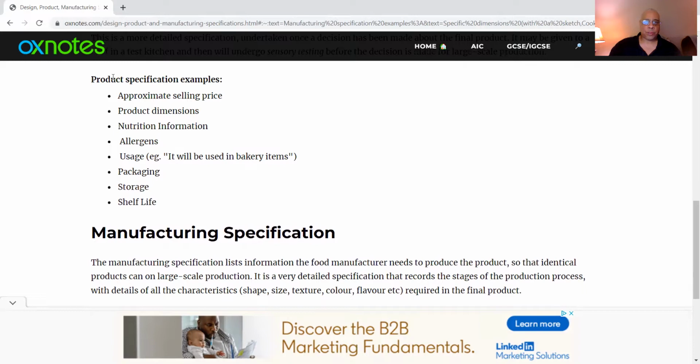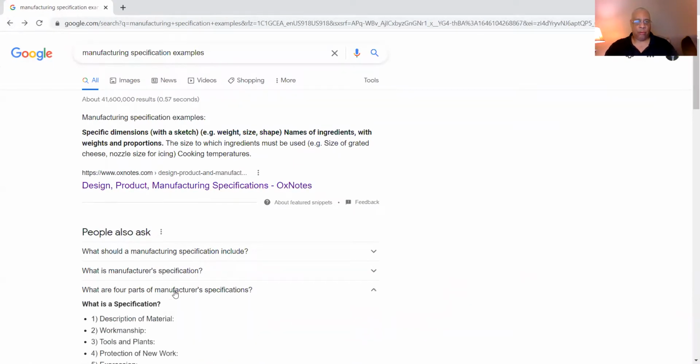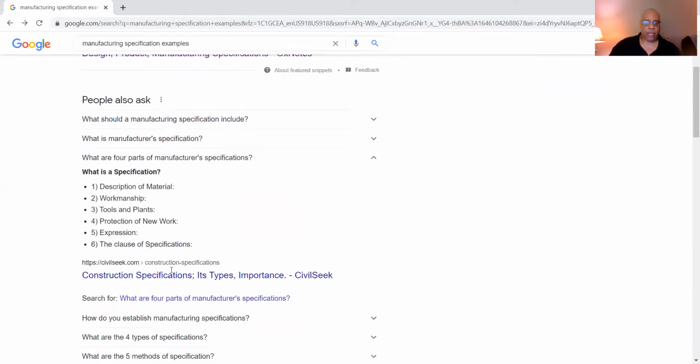Now again, product specification examples: selling price, dimensions, allergens, usage, packaging, storage, shelf life. So you see specifications everywhere, not just in the construction industry. Let me take you to some other manufacturer specifications.